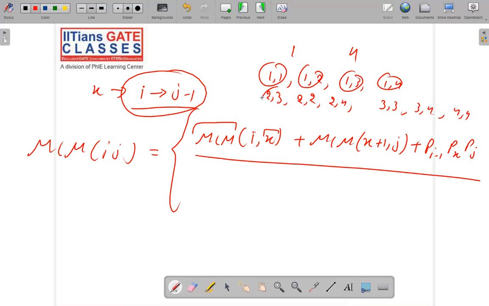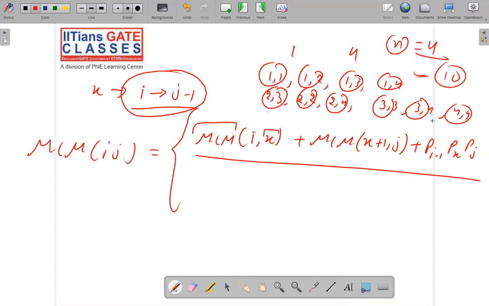Here the number of matrices is 4, and we can have at most 10 calls. In general, for a given value of n, we can have n square calls, considering the worst case. So if you use dynamic programming, we can save these into memory.